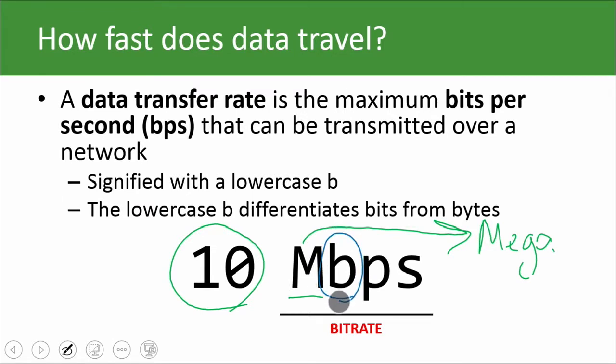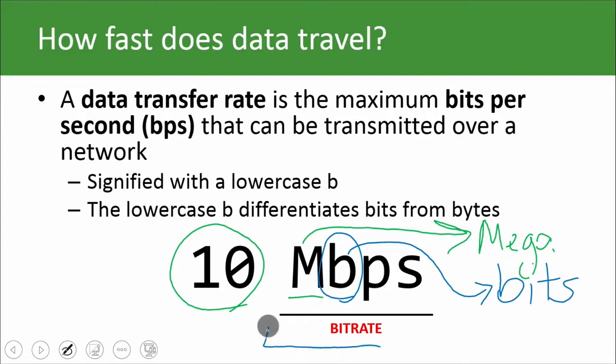This lowercase b is a little bit different from the type of data that we store. It represents bits, not to be confused with a capital B, which would represent bytes. This whole construct is called the bit rate, and we use that to measure how fast data transfers over a network.